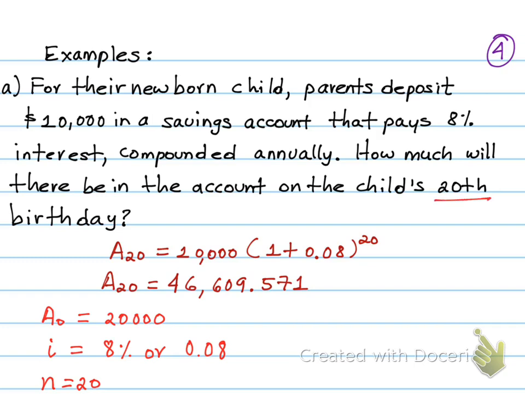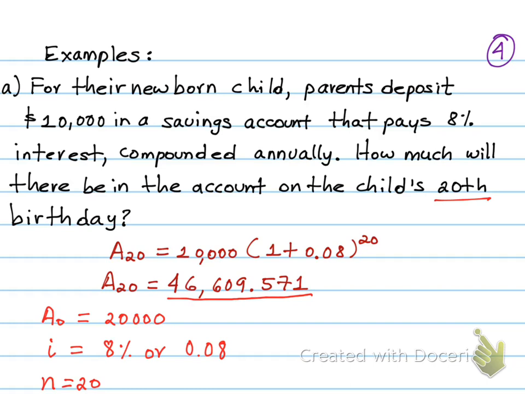So we substitute these values into the formula and we get 10,000 times 1 plus 0.08 to the 20th. So we get 46,609.571. Okay, so that's the amount that they'll have in 20 years.